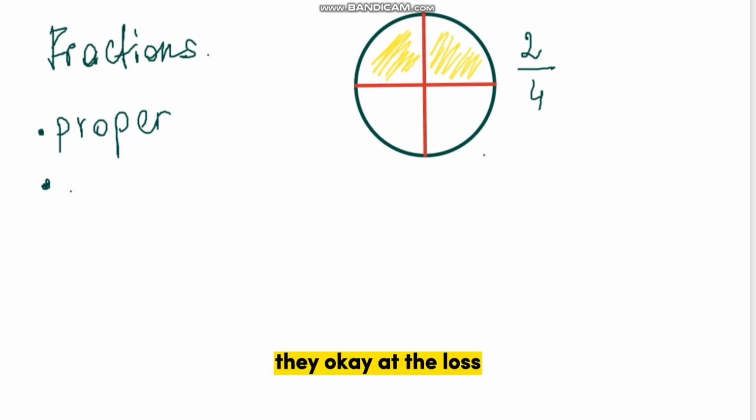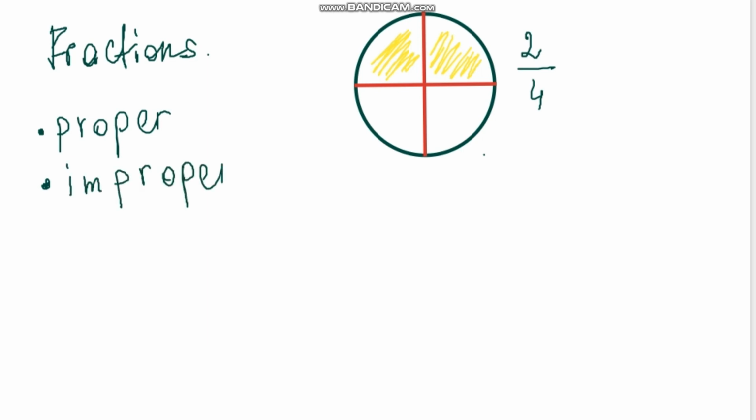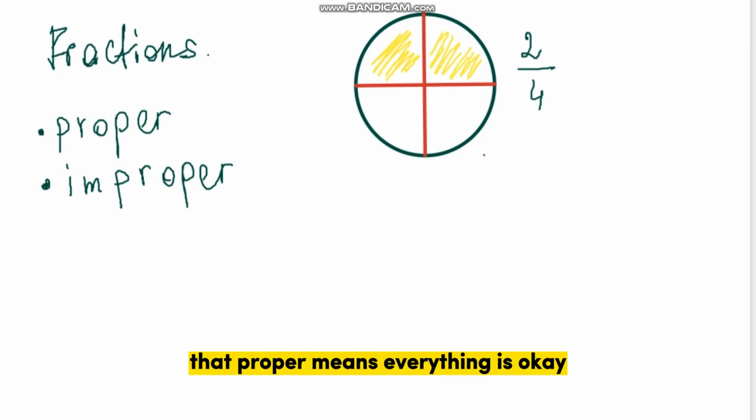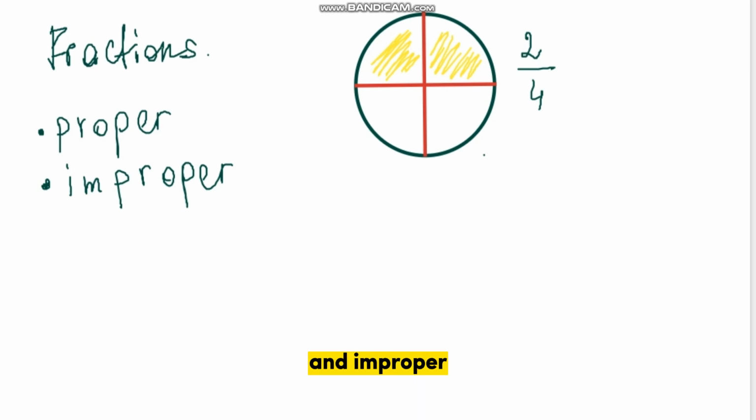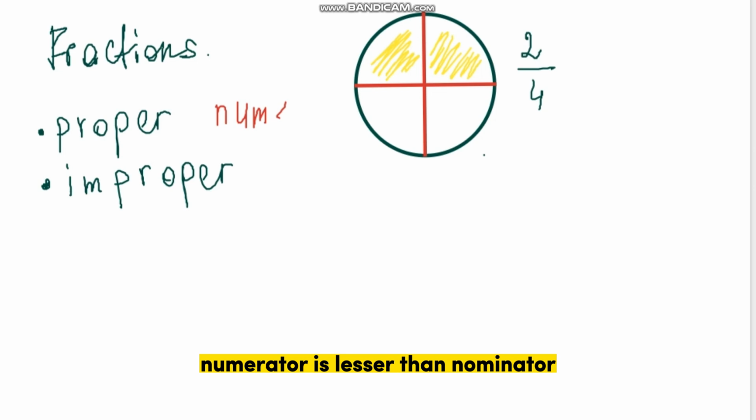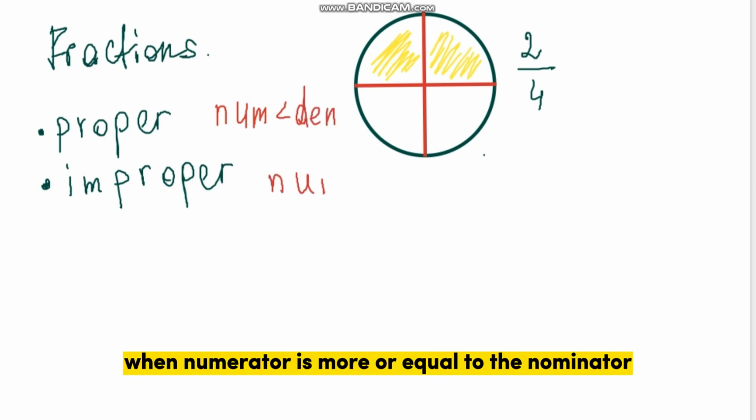Okay, at the last I want to talk about the proper fraction and improper fraction. From the word, we simply see that proper means everything is okay, and improper, let us see what is wrong with it. So a proper fraction is when the numerator is less than the denominator.